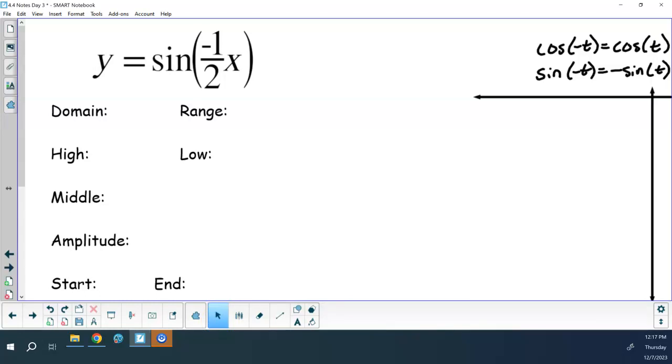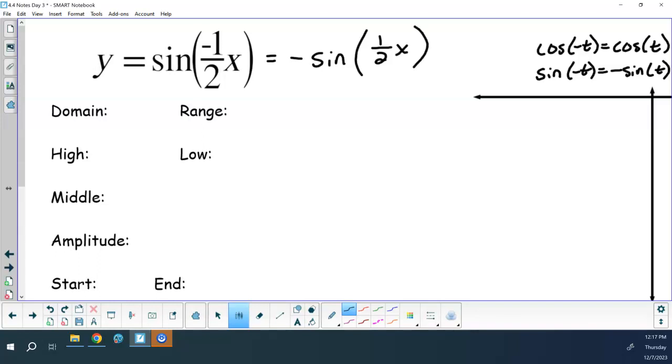So really, this function, sine of negative 1/2 x, can be written as negative sine of 1/2 x, which changes what?